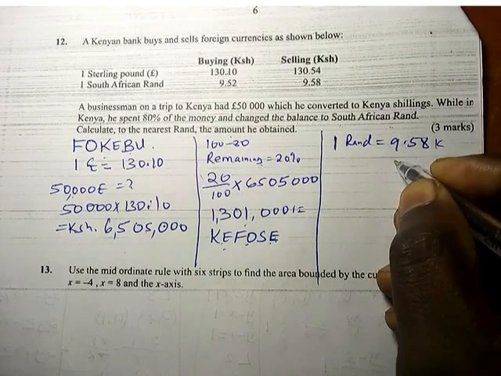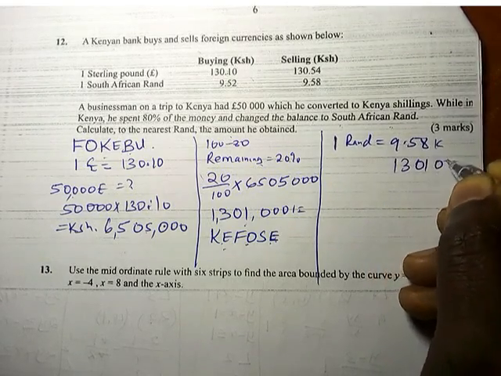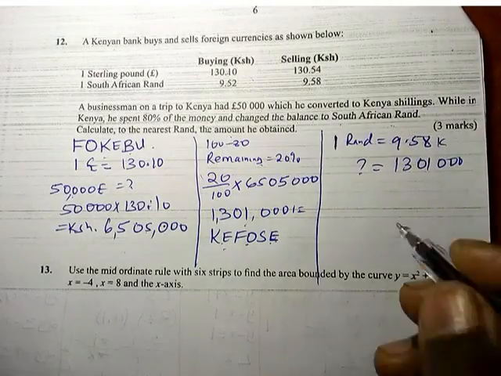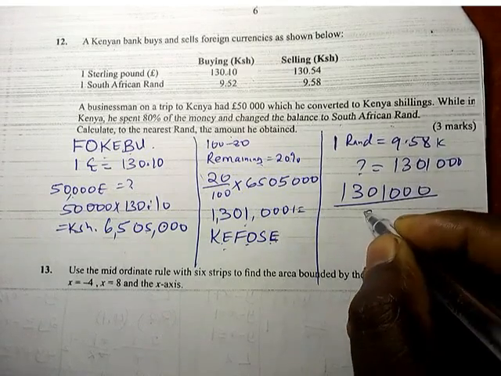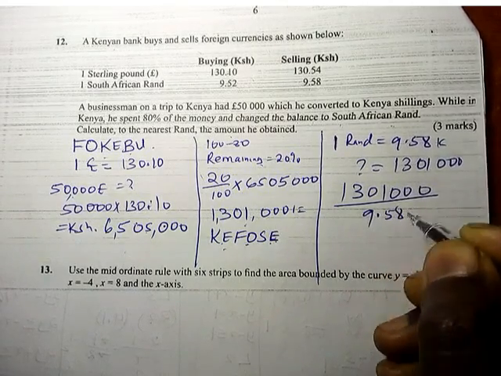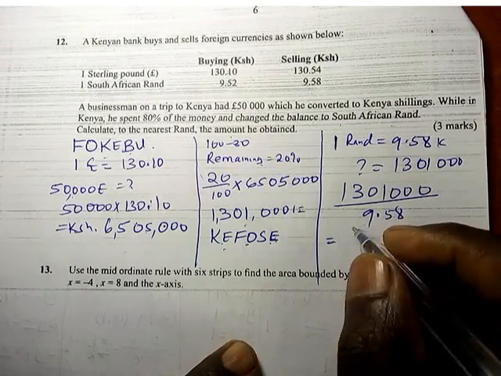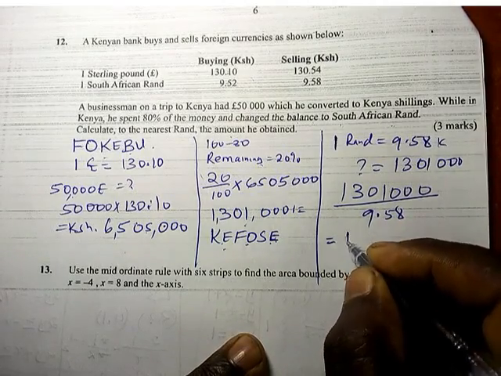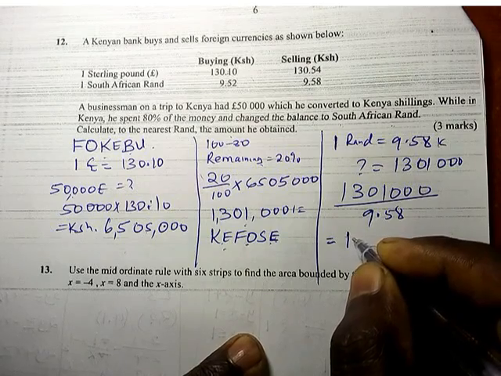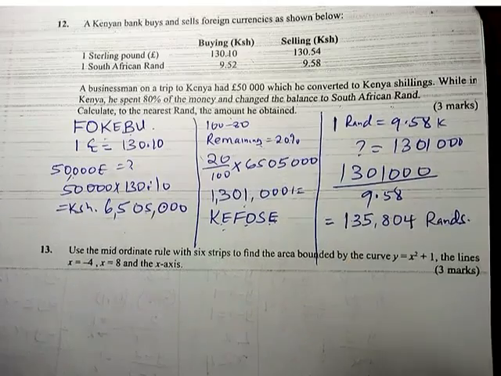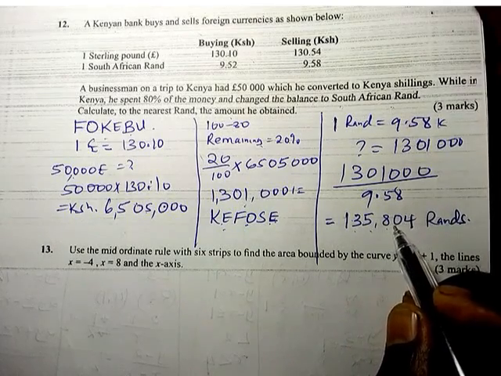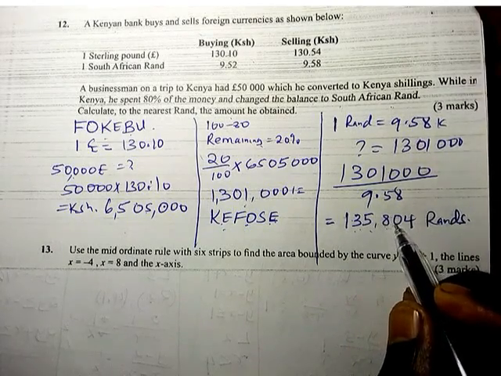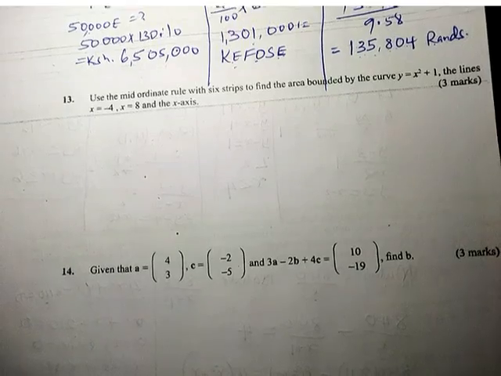What about the remaining amount? How many rands would that be? It will be that amount divided by 9.58. That one will give 135,804 rands.